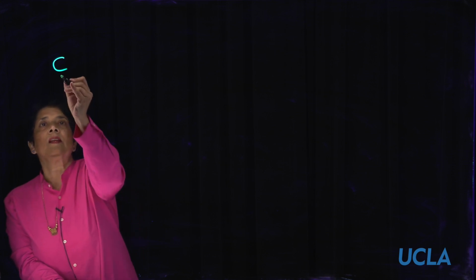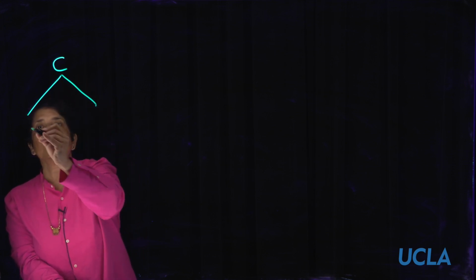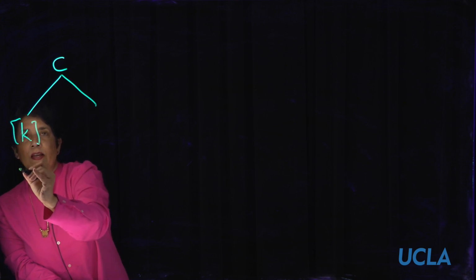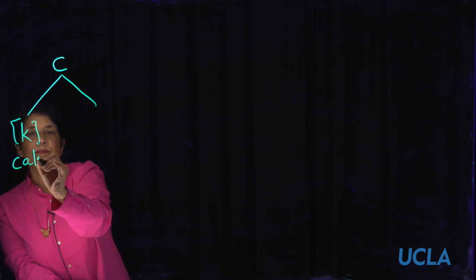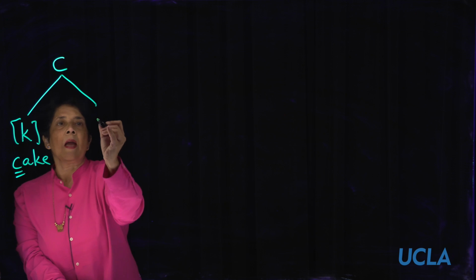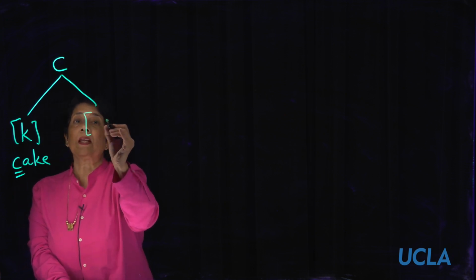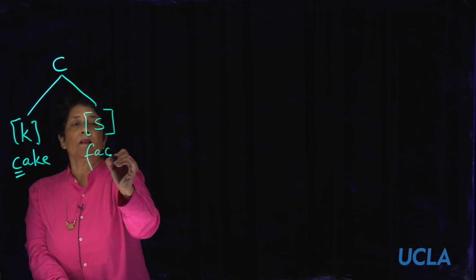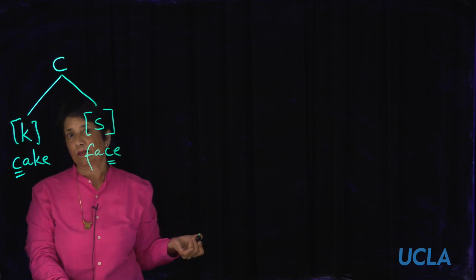So in English, let's take this shape, right? This can have the sound of ka, as in cake, right? But it can also be a sa, as in face, right?